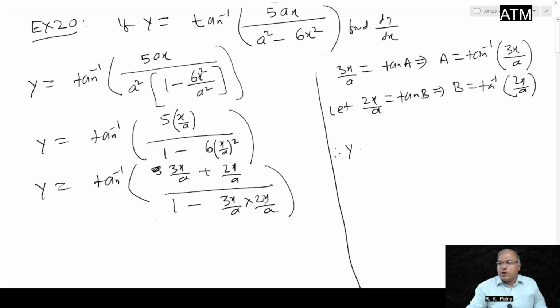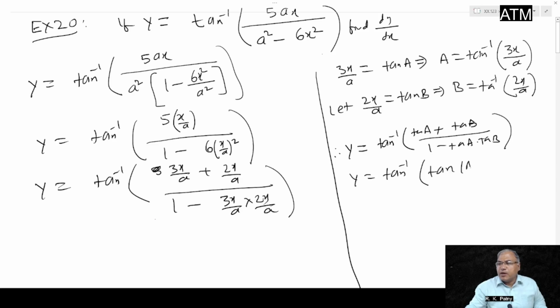Therefore y equals tan inverse of tan A plus tan B upon 1 minus tan A into tan B, which is nothing but equivalent to tan inverse of tan of A plus B. This is equivalent to A plus B.